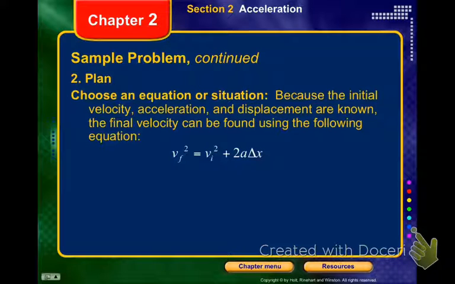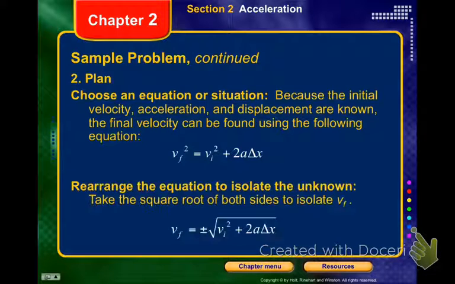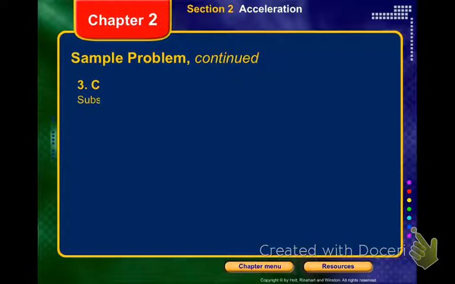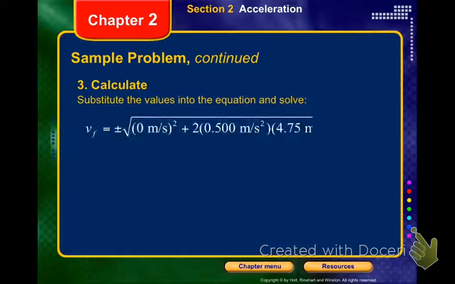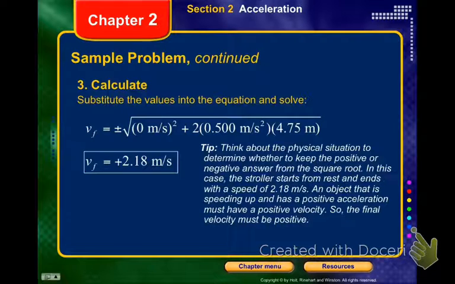So again, it shows you the equation, Vi is equal to 0, so Vi would cancel out of this. And then you solve, and your answer here is plus 2.18 meters per second. Again, Vi in this one is 0, so you could have left it out from the very beginning.